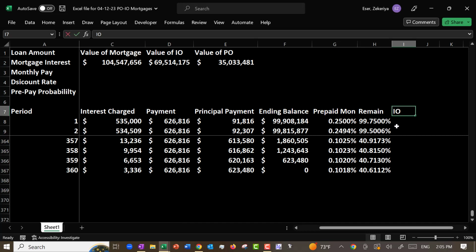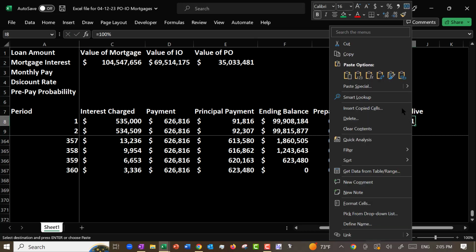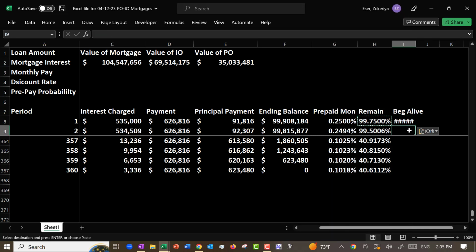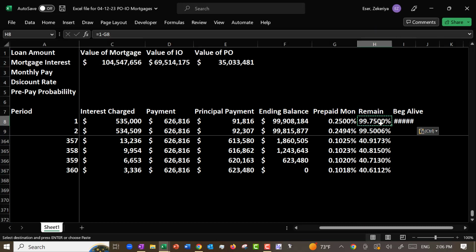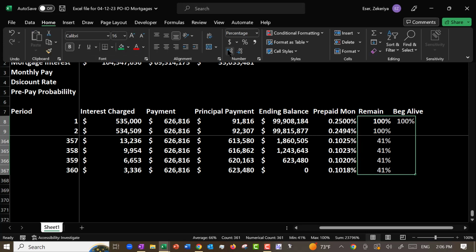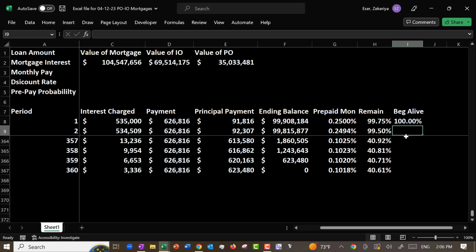Beginning alive. I kind of did it the first month 100%. Of course, I don't have to have that many digits. At the beginning of second month, beginning alive that month.